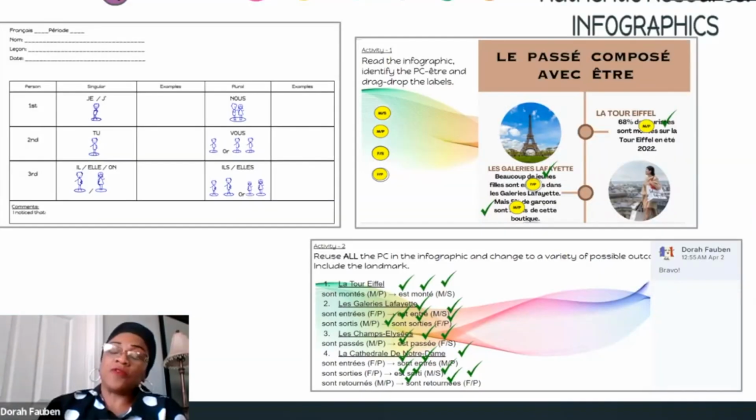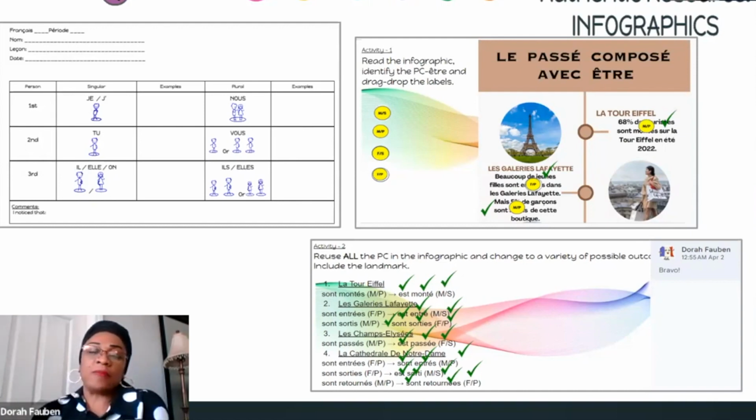They analyze information on the infographic, and then you can see the picture on the right-hand side showing student work on, can they decode the gender, the number, and understand what activities the tourists were doing in those landmarks.